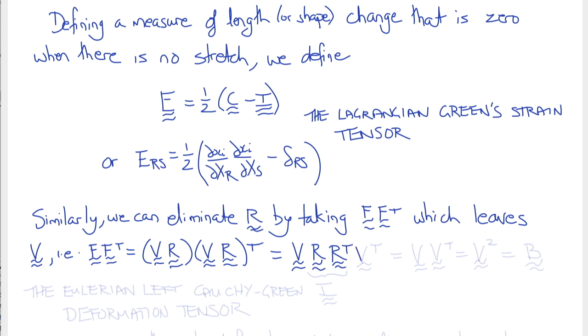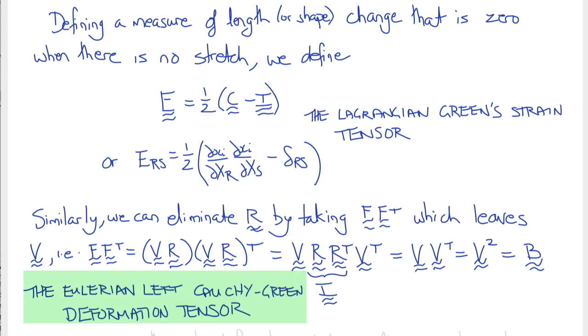And again, we have R R transpose in the middle, which is I, the identity tensor, which leaves us V V transpose, or since V is symmetric, leaves us V squared. And this quantity is called B, the Eulerian left Cauchy-Green deformation tensor.